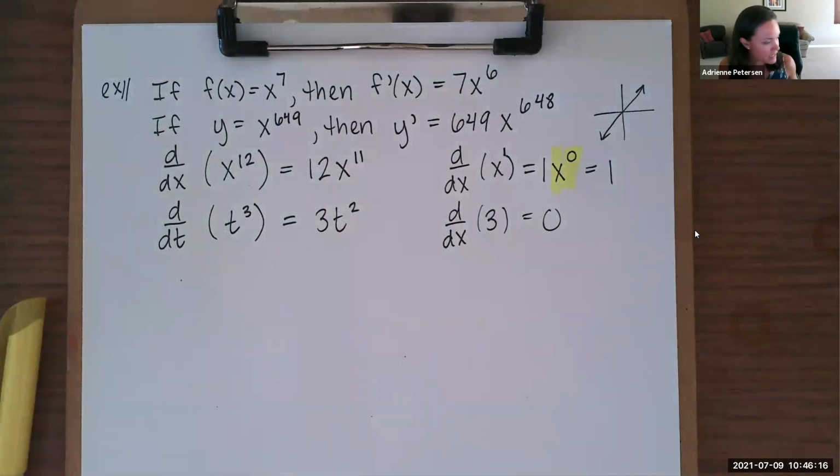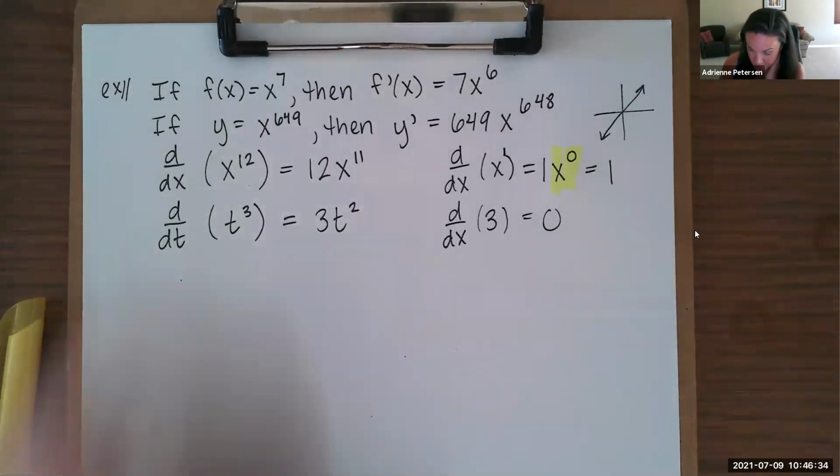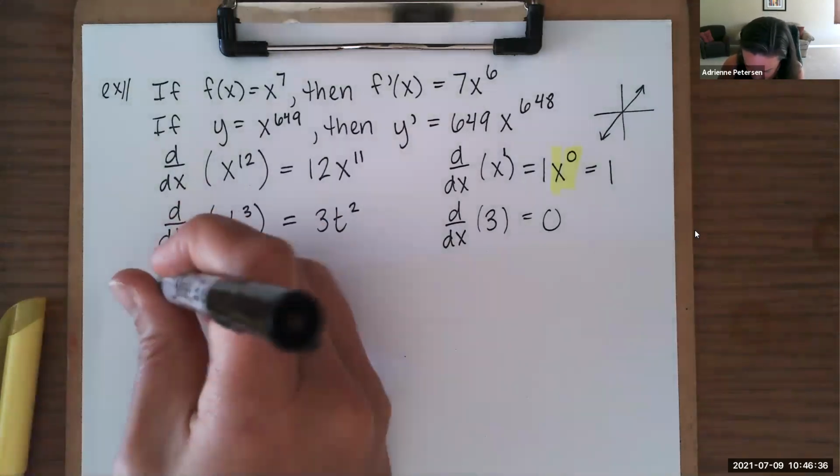Now, our proof on the last page said that the power rule was for positive integers, but it also works for any other power. However, the proof is not the same. The proof was for a polynomial expression, but the power rule extends to non-positive powers as well, and also to non-integers. So let's look at a couple other examples.